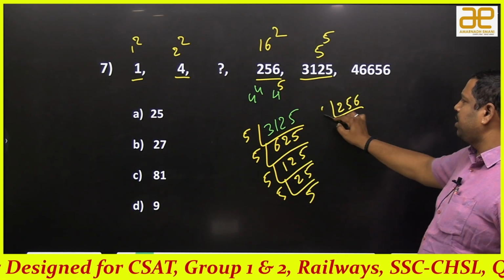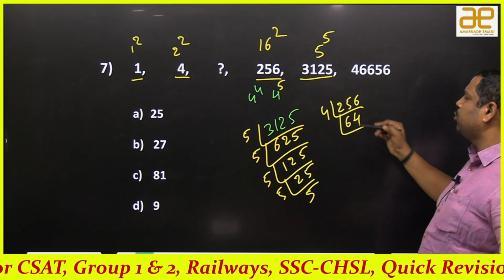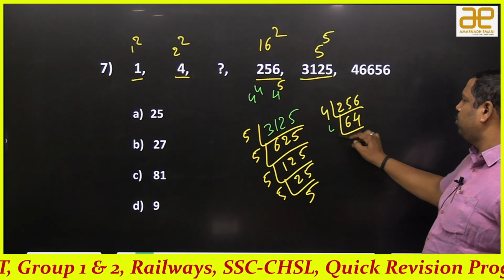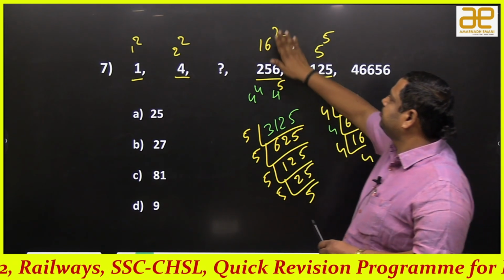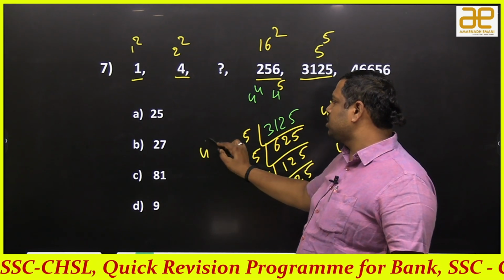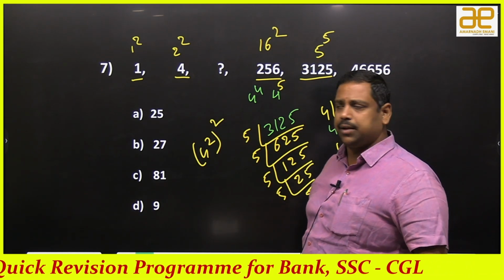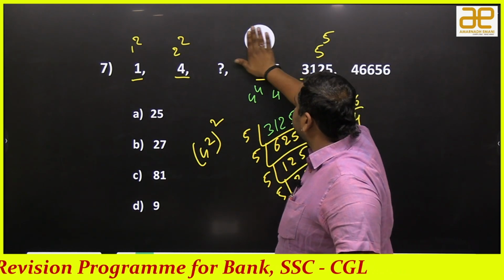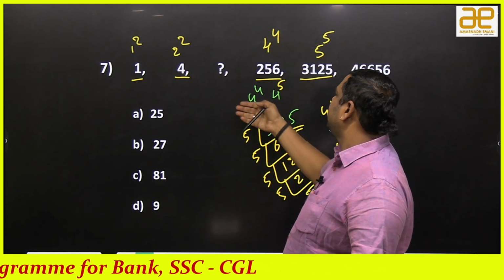Otherwise I will explain, don't worry, first I am going the conventional way: 4 sixes, 4 fours. 64 means 4 cube, right or wrong? So 4 16, 4 fours means it is 4 power 4. Or else it is 16 square, you can identify. 16 means 4 square whole square. So 4 power 4, like that also you can say. So anyhow how much is it? 4 power 4. Now I got some clarity.